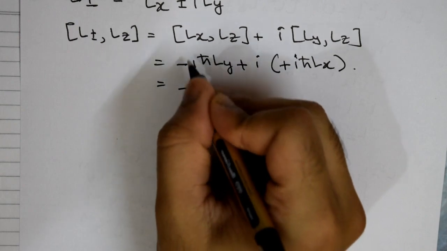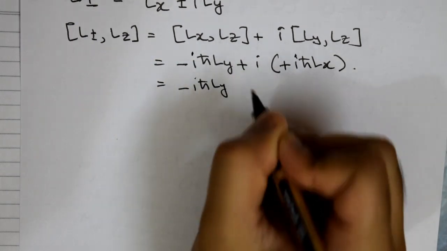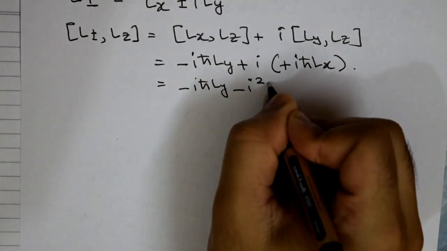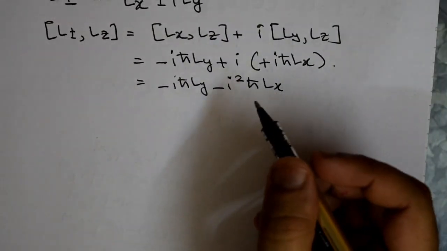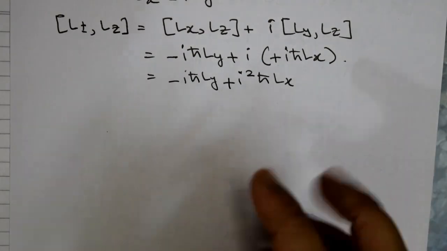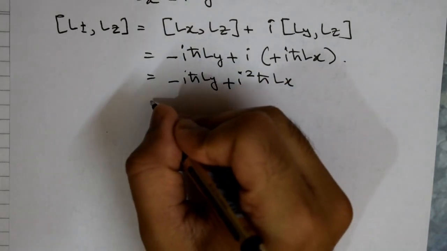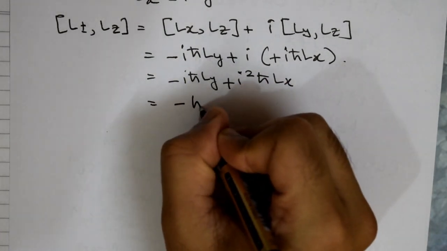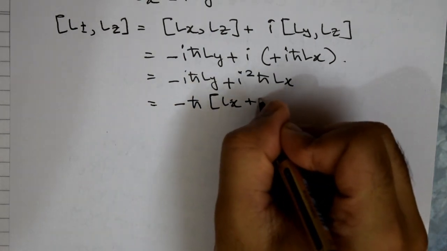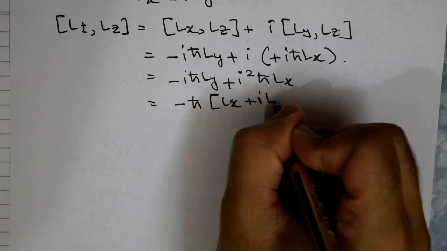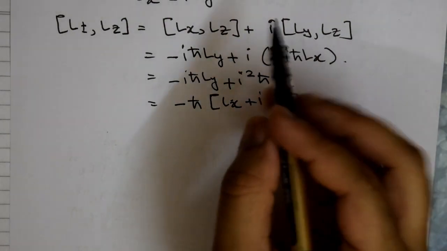So this will be minus i ħ Ly minus i squared ħ Lx. I squared will be minus 1, so this will be equal to minus ħ Lx plus i Ly. So you get something like this.